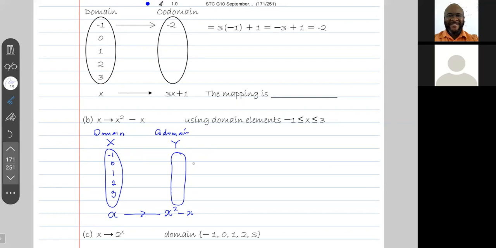So this is going to be -1 squared minus -1. -1 squared is 1. And a negative times a negative is a +1. So the number here is 2. So -1 in the domain is mapped to 2 in the codomain.